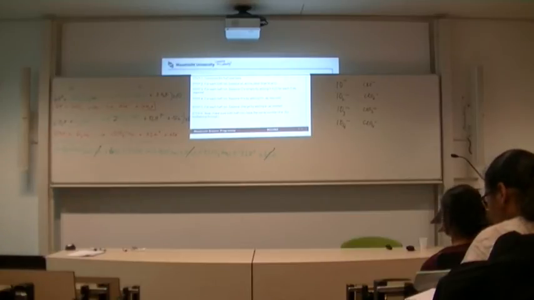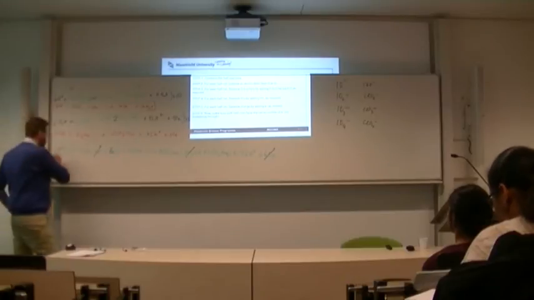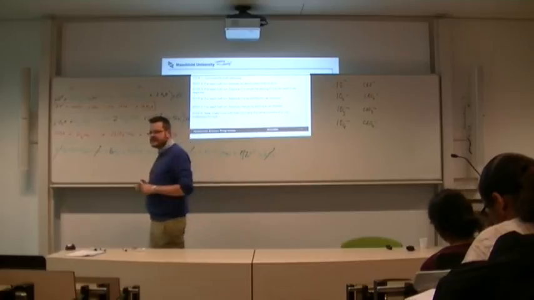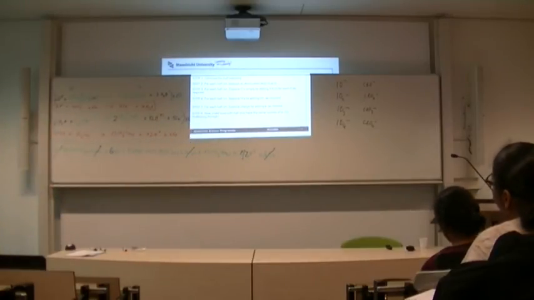What else can we simplify? We've got 60 H's on the left, and how many on the right? 72. So if I take that to the right, what do I get? I get here 12 H pluses. Simplifying. Can I simplify anything else? No, I can't. I think that's it.